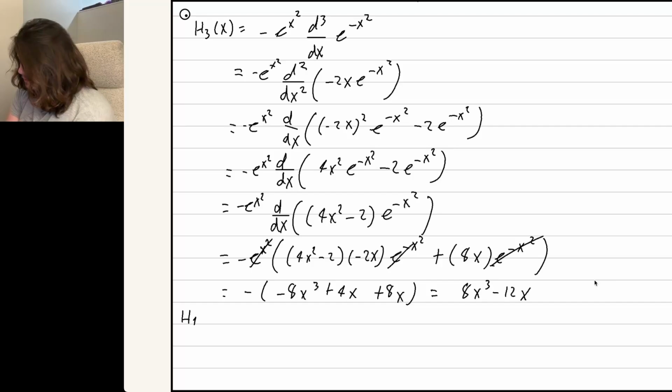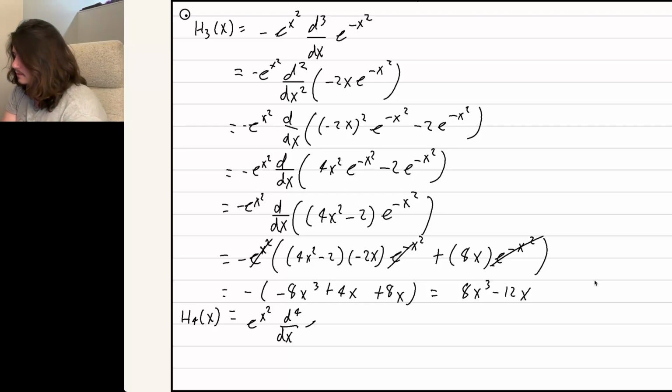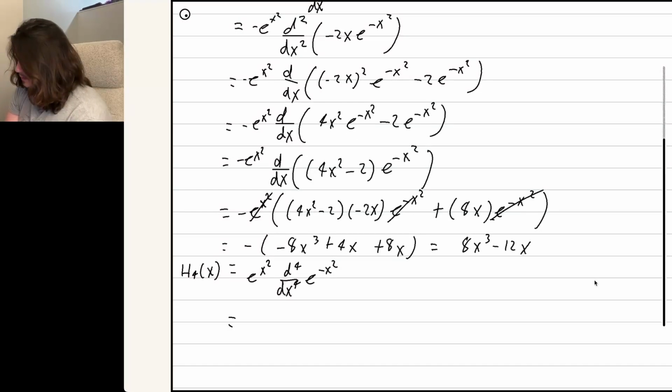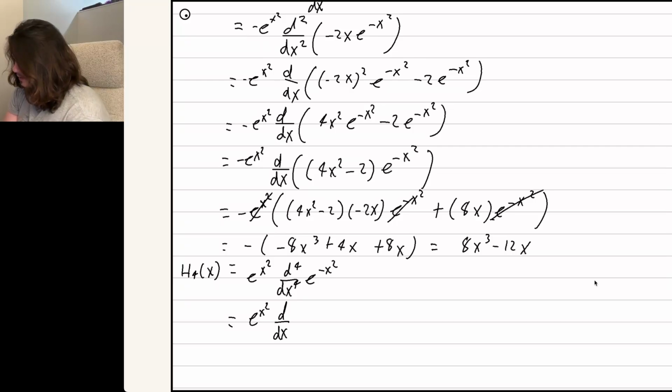Let's do H4, which is going to be, now it's minus 1 to the fourth, so it's just positive 1, e to the x squared, and then the fourth derivative with respect to x of e to the minus x squared, which, to be fair, is just the derivative with respect to x of the third derivative of e to the minus x squared.